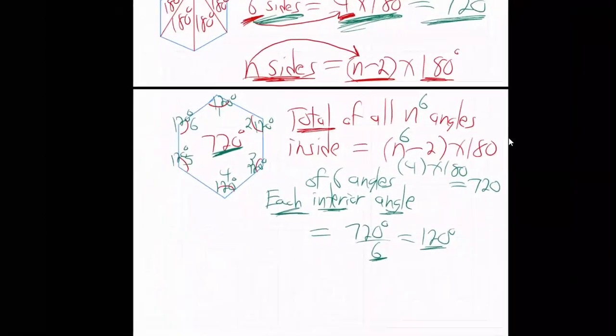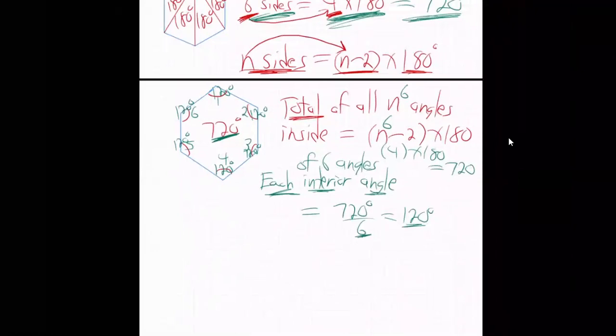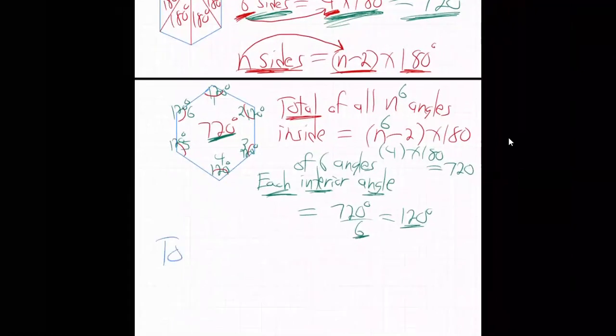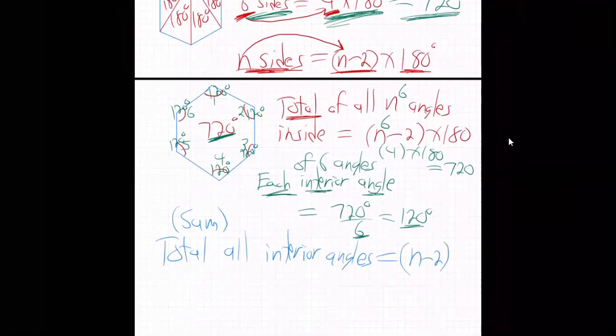So that's why the formula for the total, or sum of all interior angles, is n minus 2 times 180.